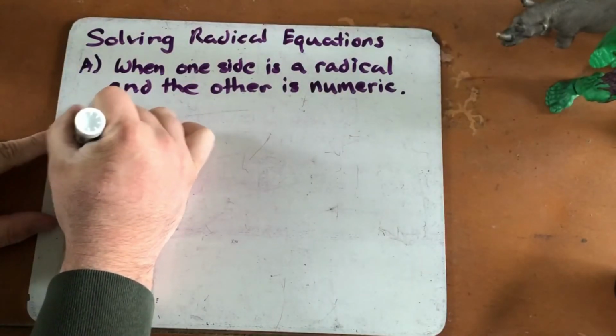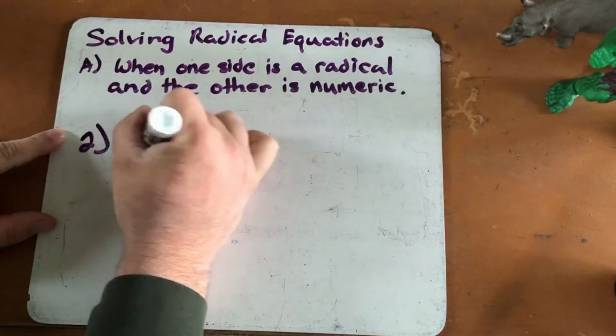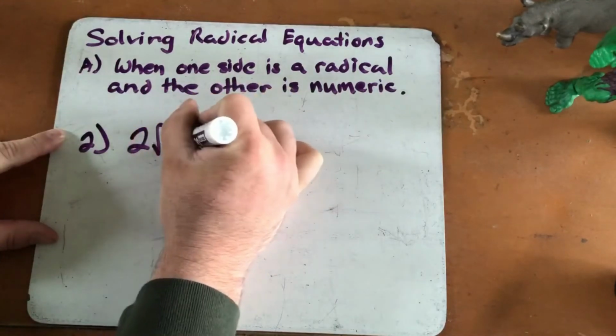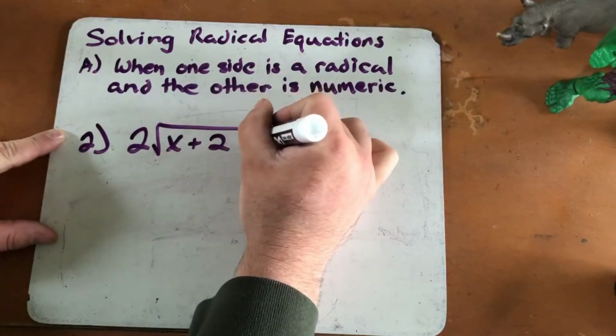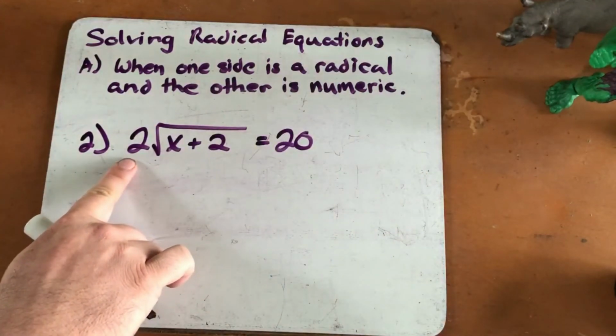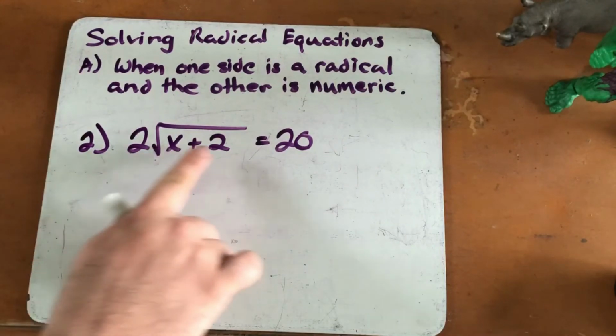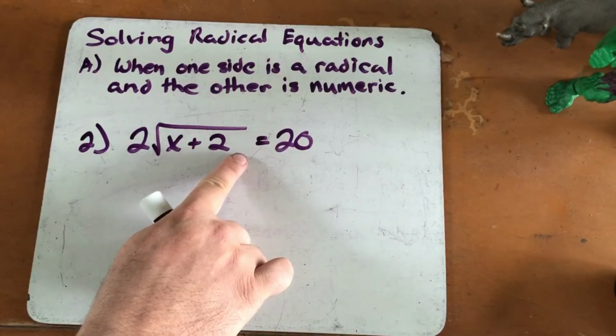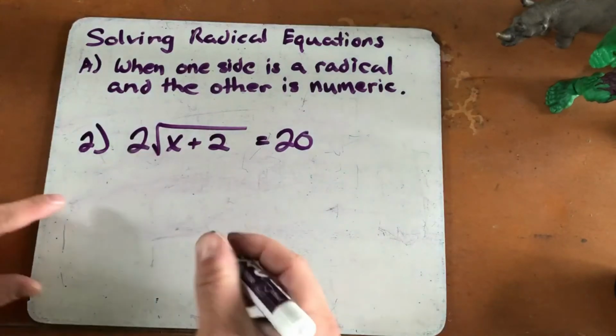So example number 2 of this scenario, I have 2 square root of x plus 2 equals 20. Now notice this time there is a number multiplied to the front of the radical, so I need to get rid of this. There's nothing added or subtracted outside the radical, just this multiplication.